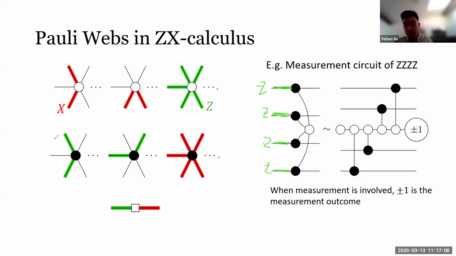After going through the Z node, because we have a Z operator hitting the Z node, it can go out on any of the two outgoing legs. So let's suppose it goes here, right? And let's check. Okay, yeah, it looks consistent, right? Because if you focus on the X node, it is stabilized by all the Z's coming from all these legs. So this means that this circuit actually maps ZZZZ to 1. This circuit maps the ZZZZ to 1.